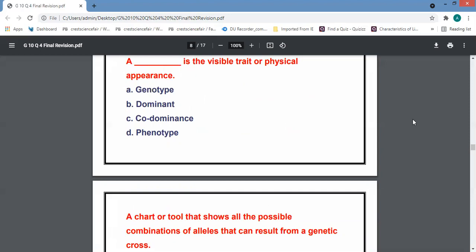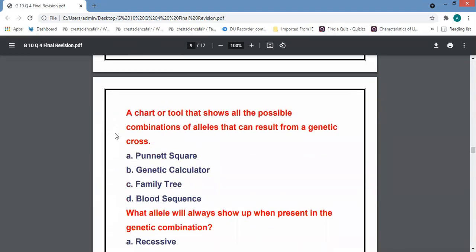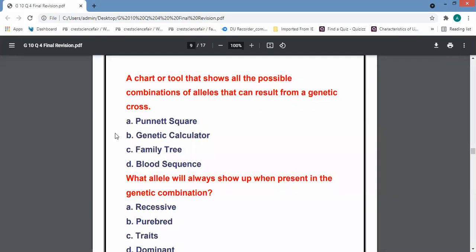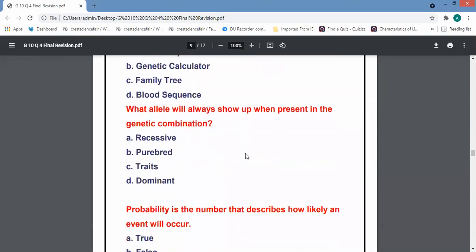Excellent. Next: a chart or tool that shows all of the possible combinations of alleles that can result from a genetic cross. What is the answer? Punnett square. Right, excellent.